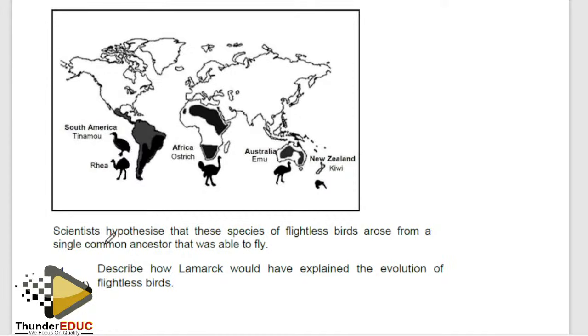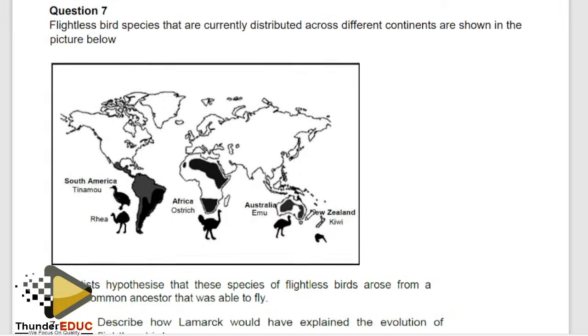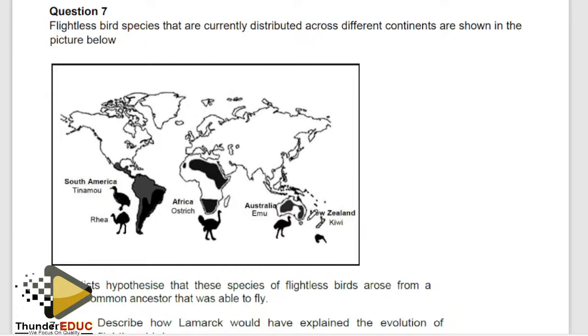We are saying that scientists hypothesize that these species of flighted birds arose from a common ancestor. Guys, when they bring a question of evolution, make sure that you relate to the question they have asked you. Don't just write. You'll find that someone is using giraffes here.